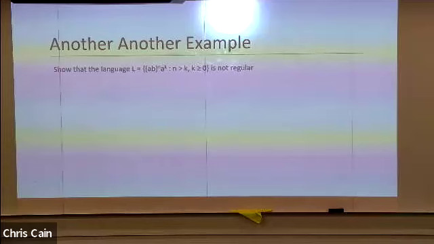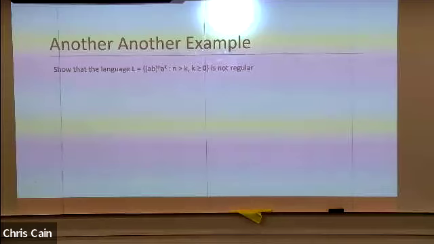All right, we're gonna go (AB)^n A^k such that n is greater than k, and k is greater than or equal to 0. So this is a little bit more complex.